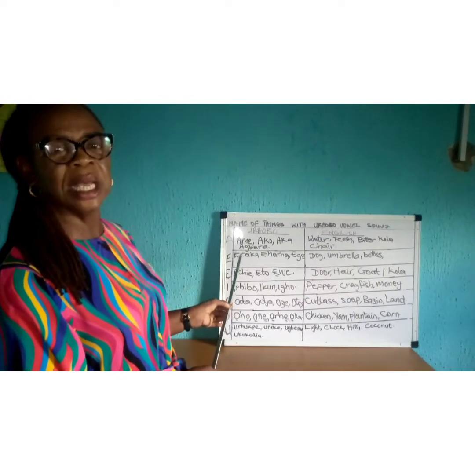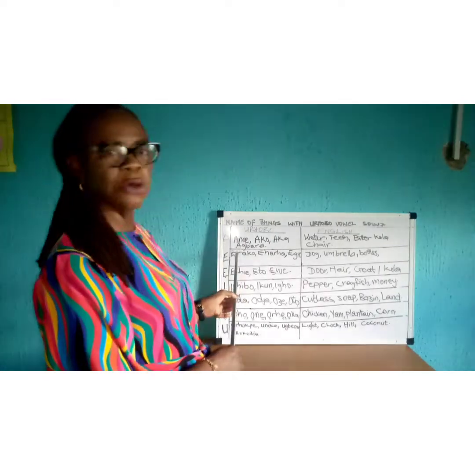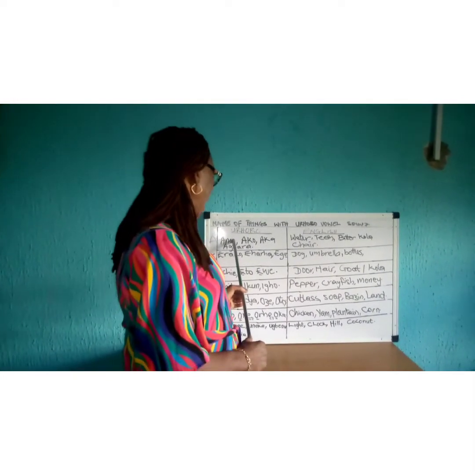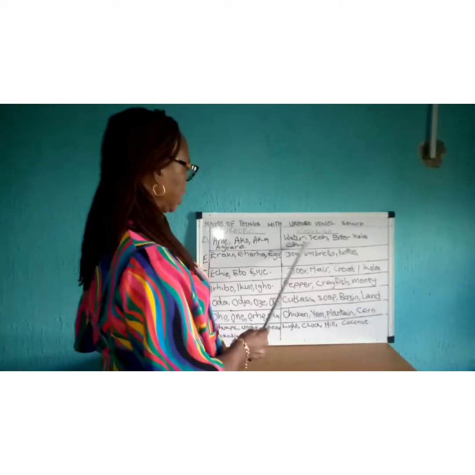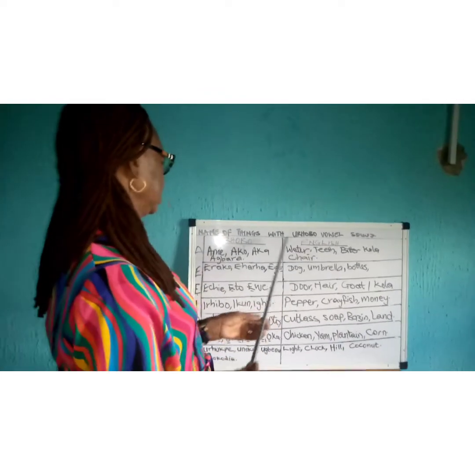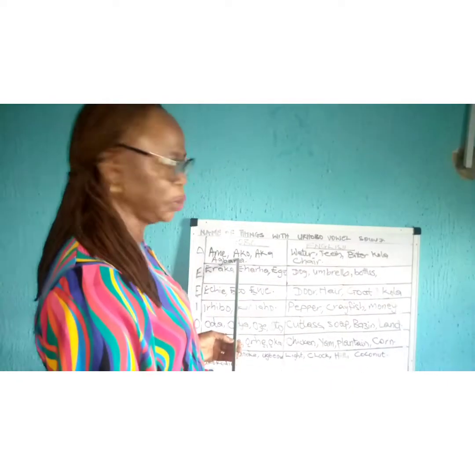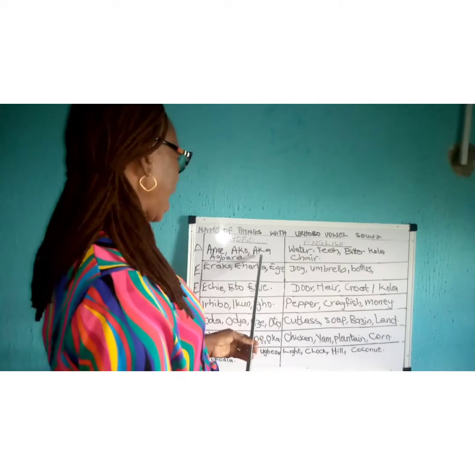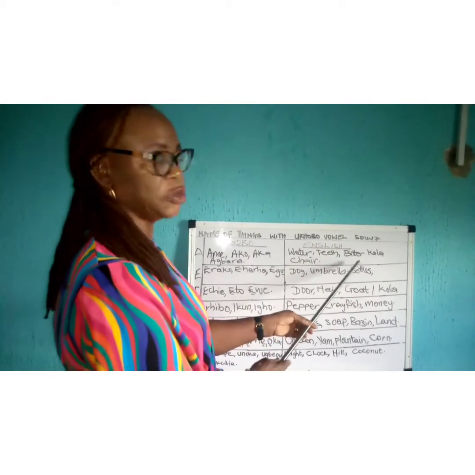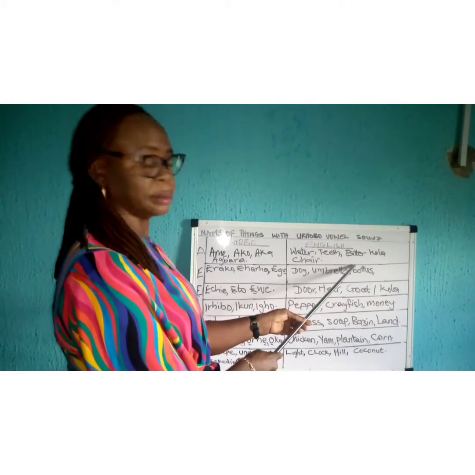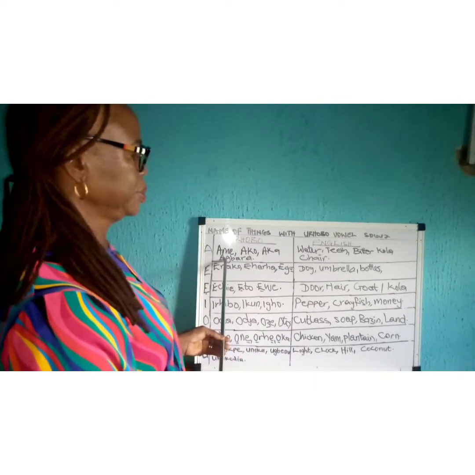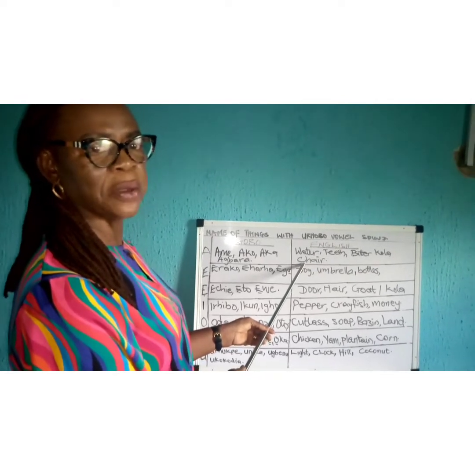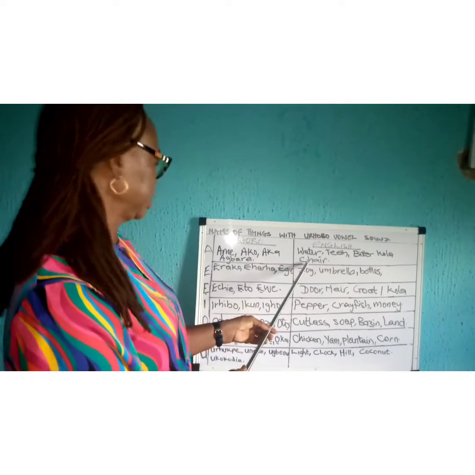We are just giving examples of the vowel A. So Àmì is water. Ako is teeth. Aka is bitter kola. Agbára is chair. Follow me so that you understand it very well and know it very well.